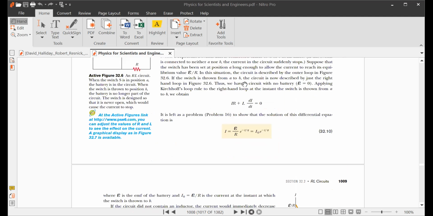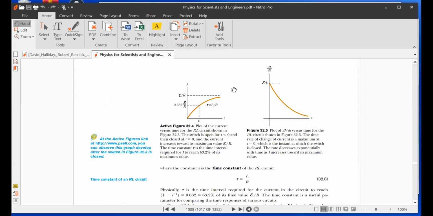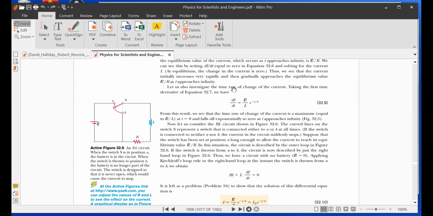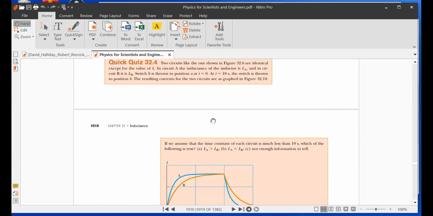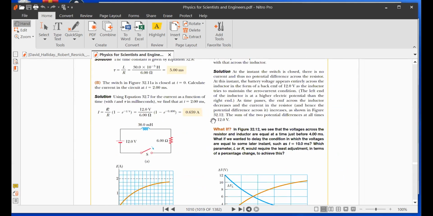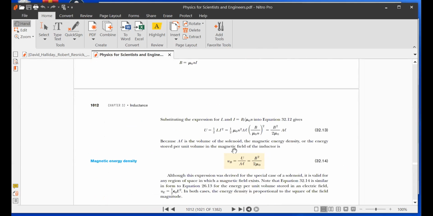In the preceding section, this capital L equals mu 0 times capital N squared times A times L.